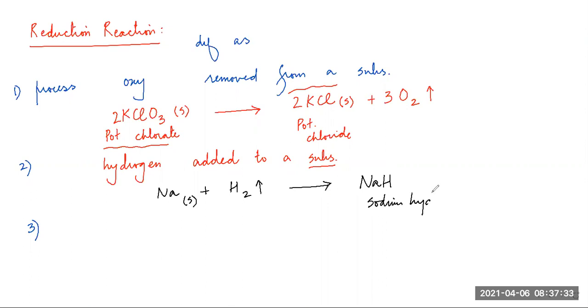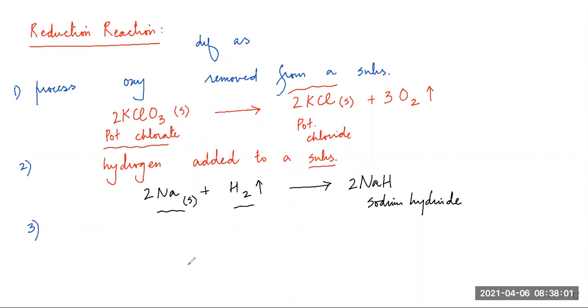You can balance this, two here, two here. See here, students, hydrogen is added to which substance? Sodium, making it sodium hydride. Beautiful, right? So this is also an example of a reduction reaction.